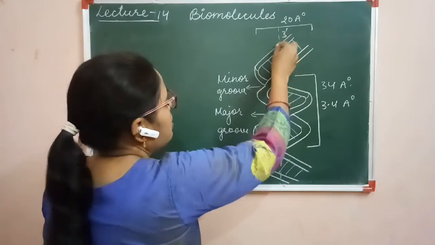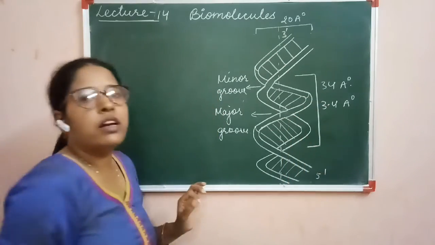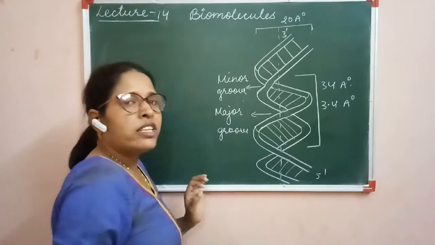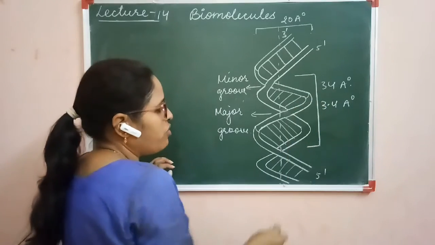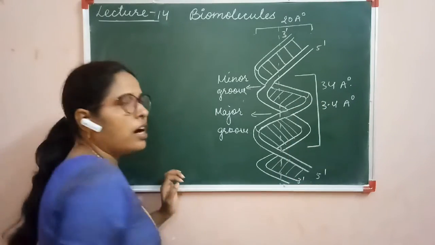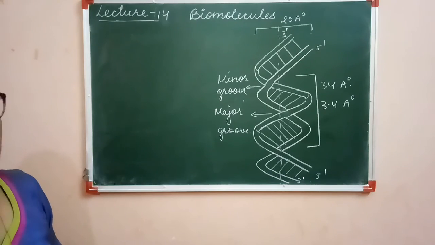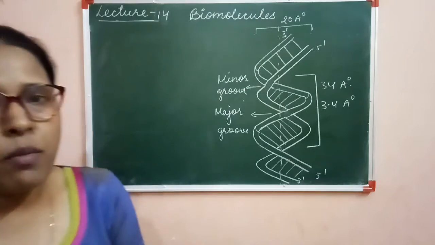Then at the next end, the 5th carbon is found free. The opposite polarity is present on the next strand. Here the 5th carbon is free and there the third carbon is free. So this type of antipolarity is found in DNA molecules.